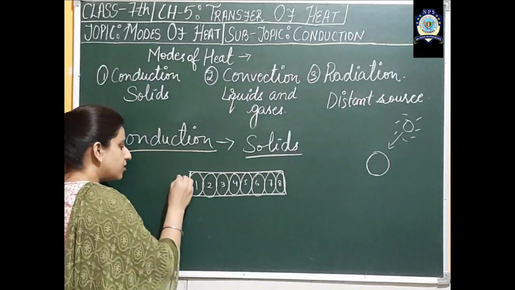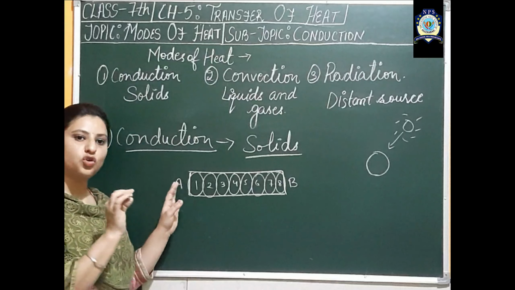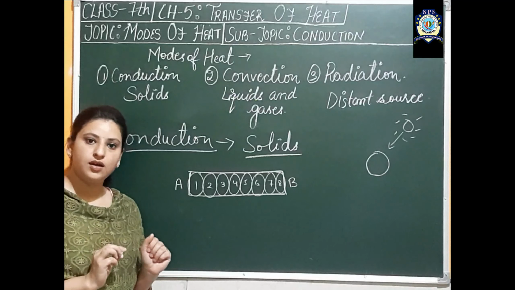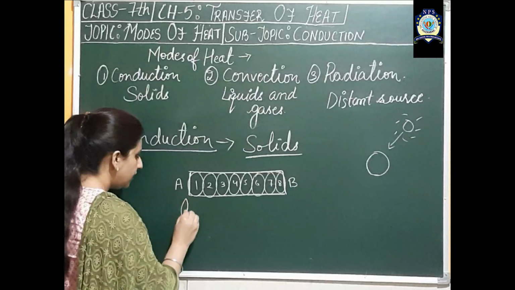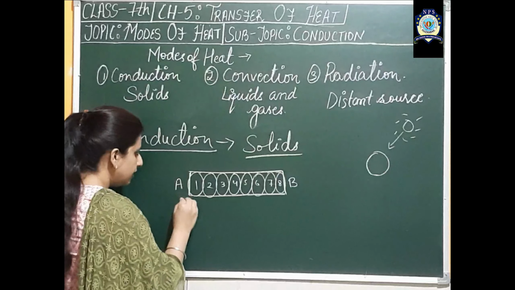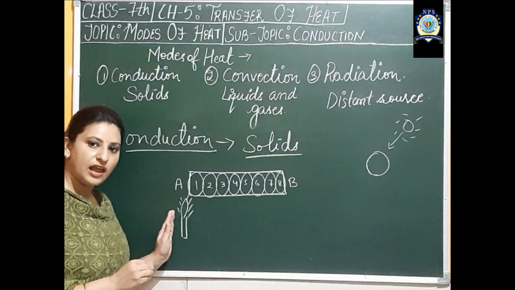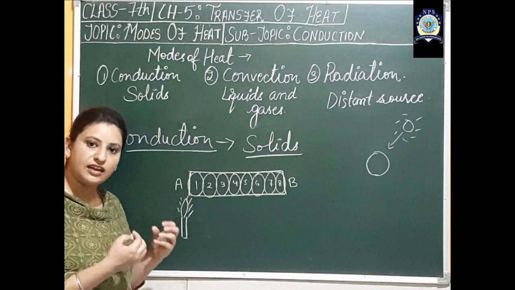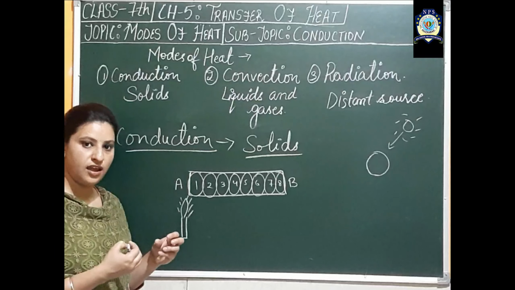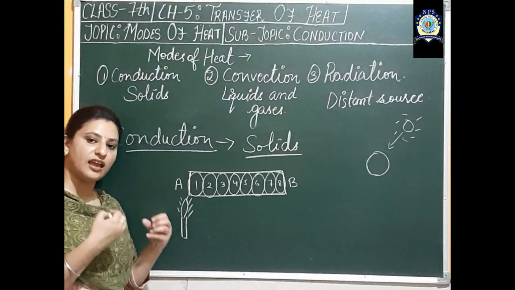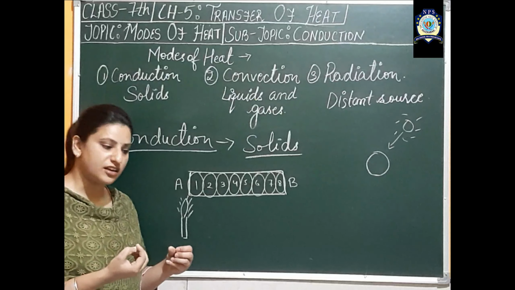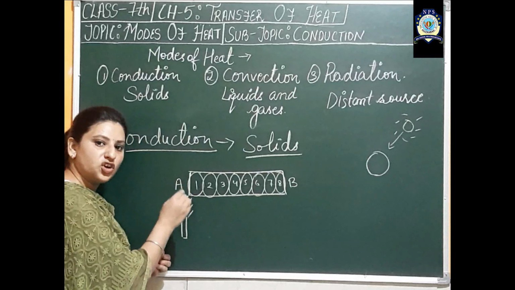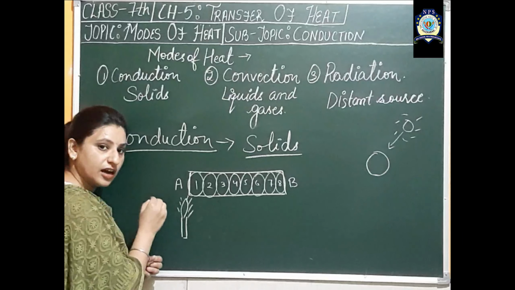Now what will happen? In the beginning, the iron rod is cold because it has no source of heat energy near it. But as I light a candle near the end A, what will happen? The end A will start gaining heat energy, and consequently the atoms present on the end A start heating up.